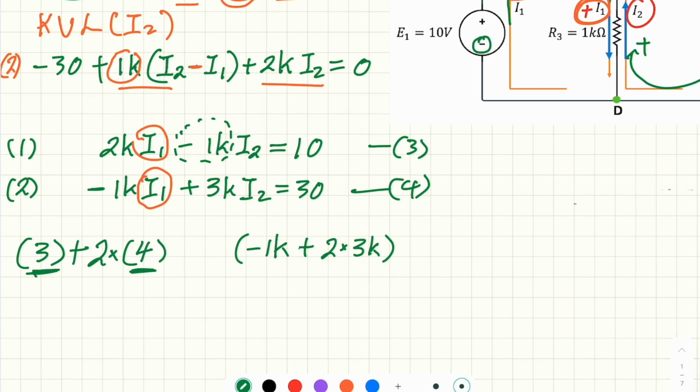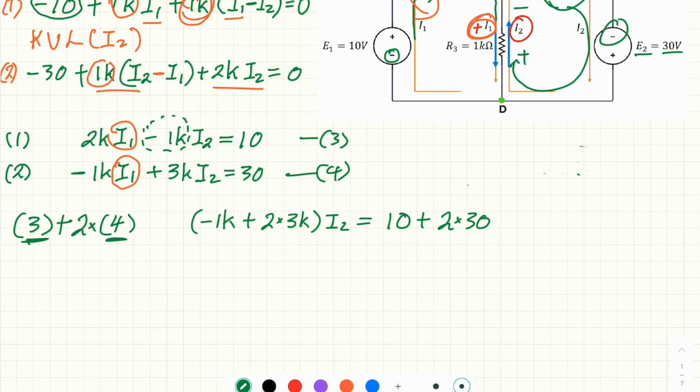This is the coefficient for I2. And the same for the constant. So this is 10, equation 3, plus 2 times 30. Tidy up this one. We've got 5I2, and this is 70.